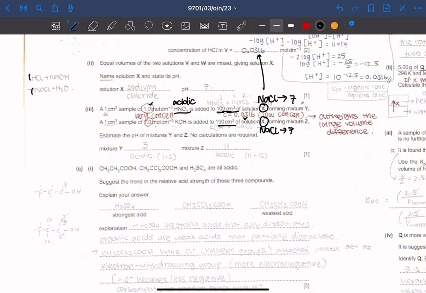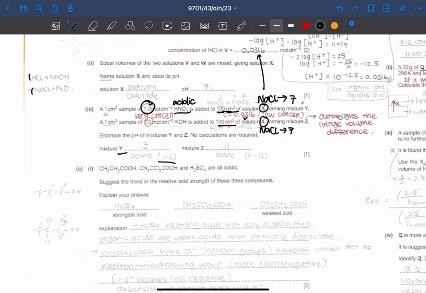So if a very highly concentrated HNO3 is added to a neutral compound, NaCl, it would form mixture Y. What would you predict mixture Y's pH would be? Mixture Y would definitely be on the acidic side, and because this acidity has a very high concentration, you can assume that a very acidic pH is formed. So in the answer key, there is a range of pH 1 to 3.